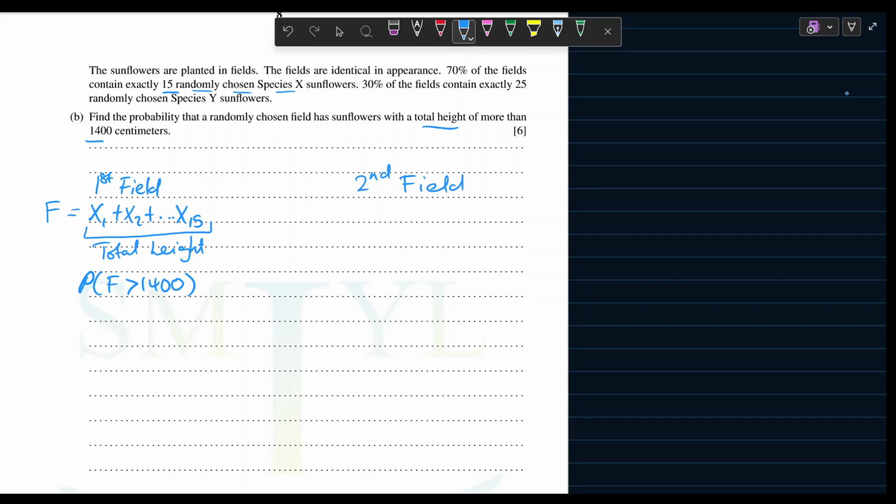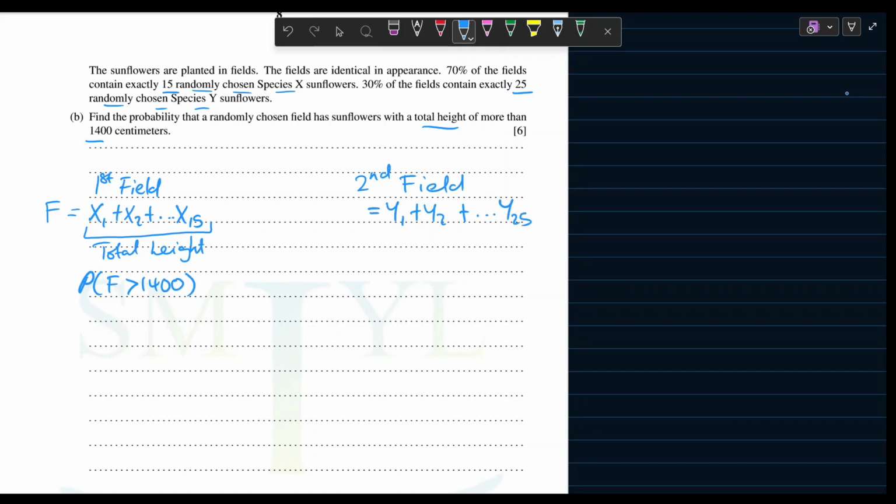So we've got a second type of field, right? Second type of field. And in this field, we've got exactly 25 randomly chosen species Y sunflowers. Now, because again, these are independent observations, 25 independent observations of the species Y sunflowers, this is a sum. So it's Y1 plus Y2 all the way up to Y25.